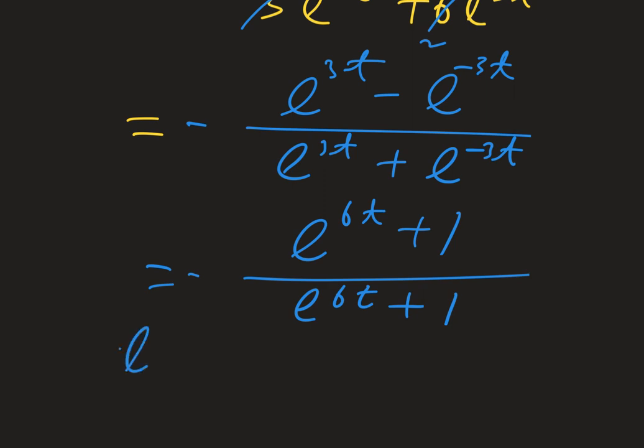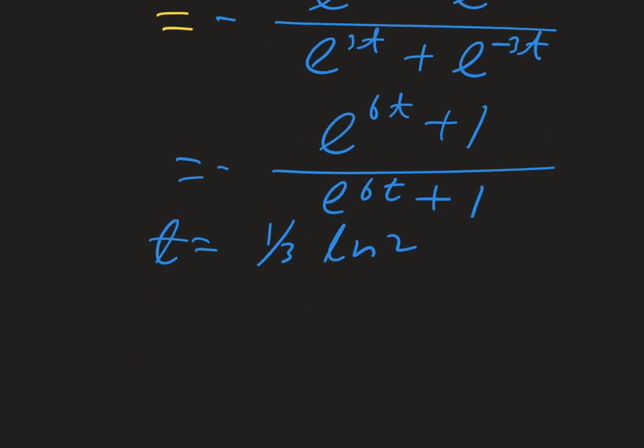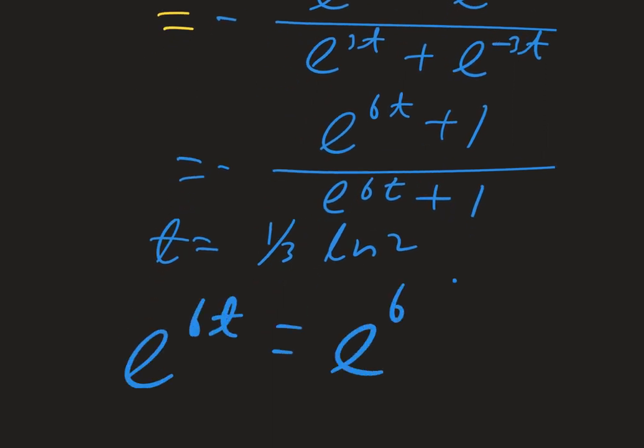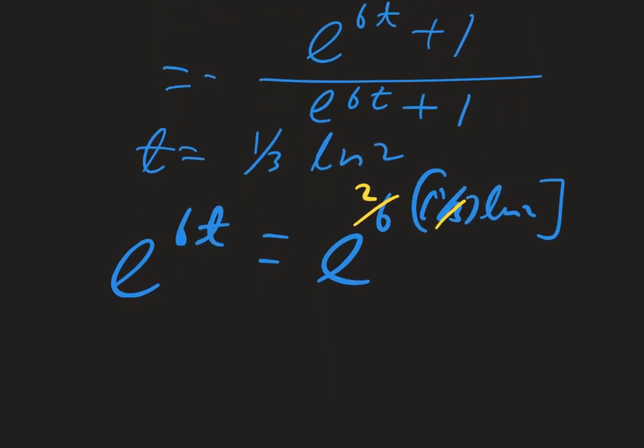So you see t equals 1 over 3 ln 2. So which also equals what? e^(6t) is equal to e^(6 times 1 over 3 ln 2). So 6 can be divided by 3, so it's 2.